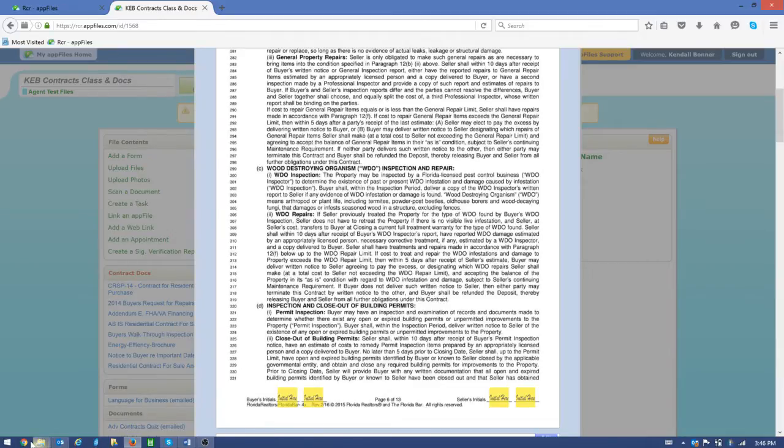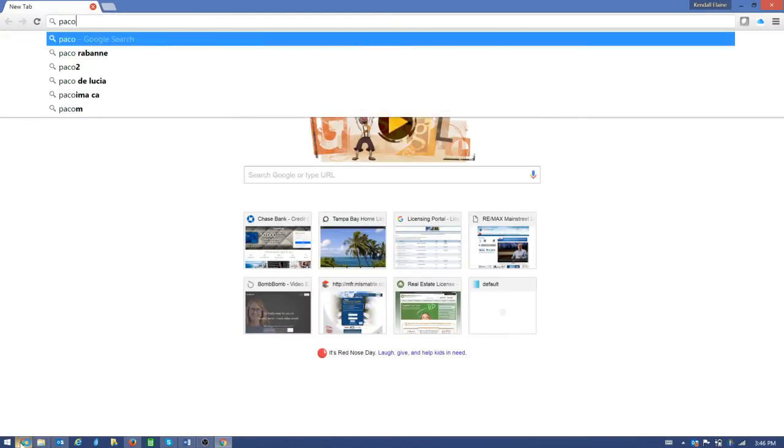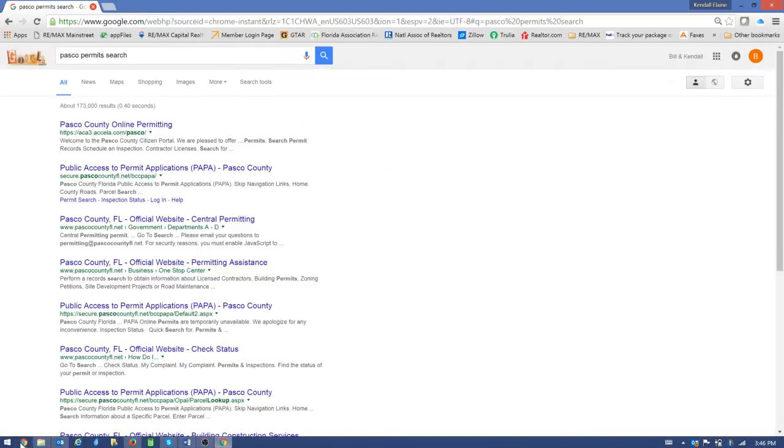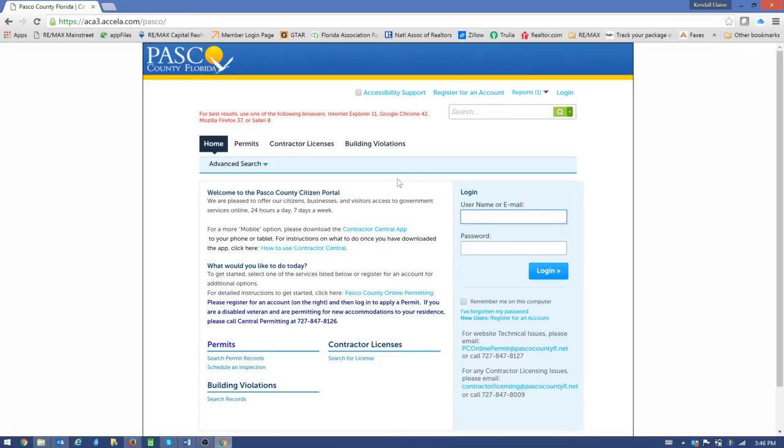And just to show you how easy it is, let's see if we can do it. Pasco permits search. I think we can go to this one here. And I just want to search permit records. We're down here.